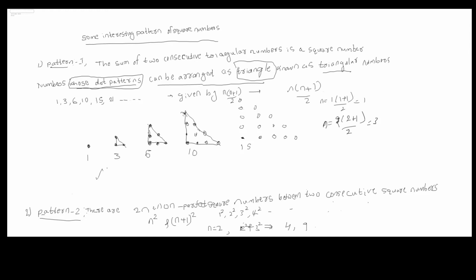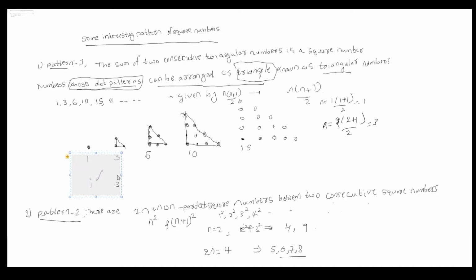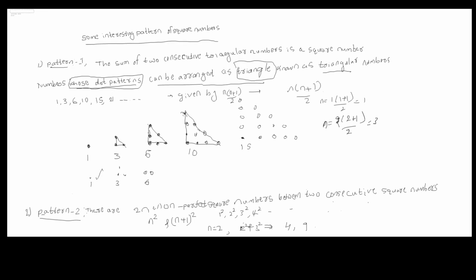How can I draw them? For example, if you write 3, 1 I will write simply by dot, 3 is 2 dots here and 1. If you write 6, next 6, you can continue adding more dots, that is 1, 2, 3 and 2 here, like this. Again next 10, 1, 2, 3, 4, then 1, 2, like this.